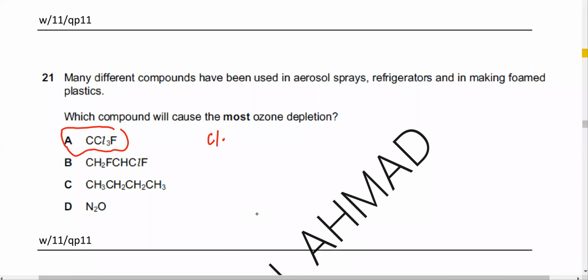These Cl radicals attack O3 and end up forming ClO plus O2. Then the ClO attacks another ozone molecule, forming another Cl radical and producing two O2 molecules.